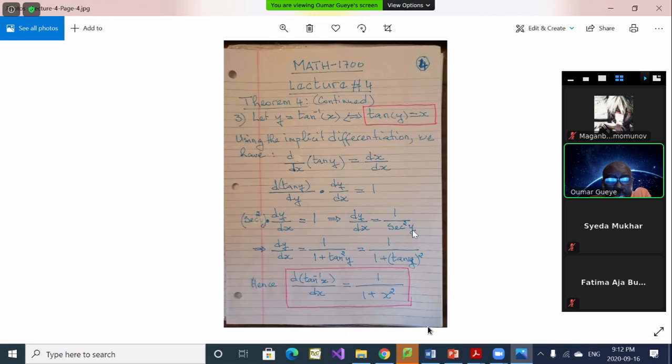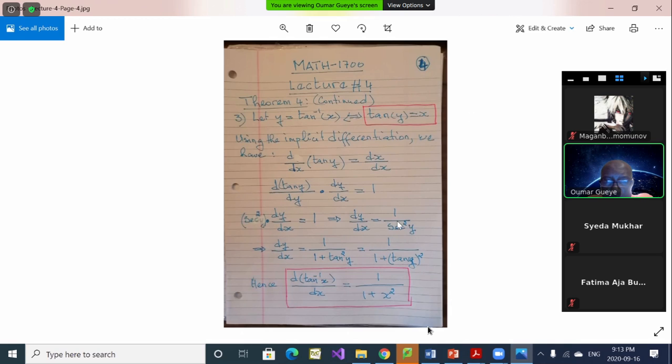Okay? Now I'm going to express my secant in terms of tan in order to be able to express the whole function in terms of x. And you know from what you did in high school, secant squared is equal to 1 plus tan squared. I'm going to remind you of the formula. Here's exactly what we got.